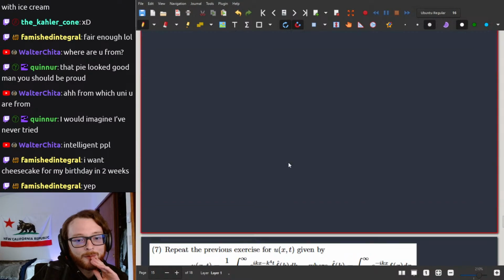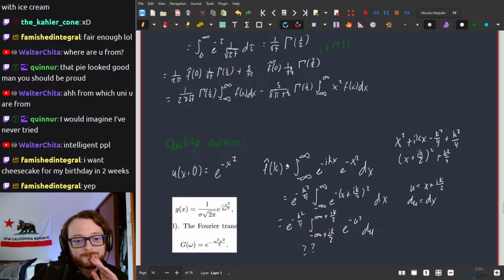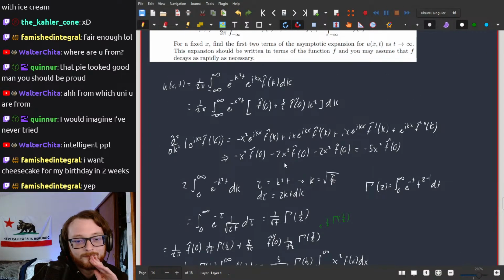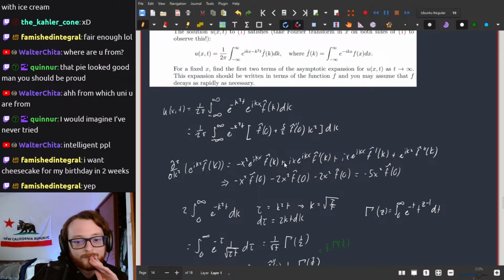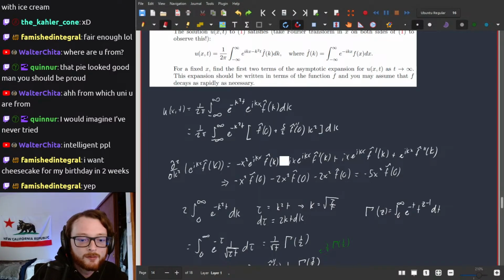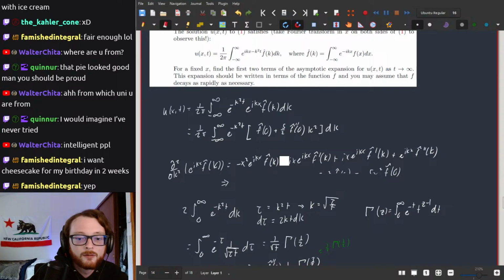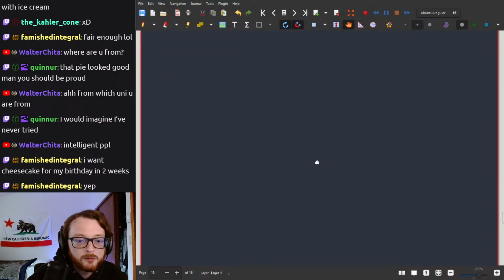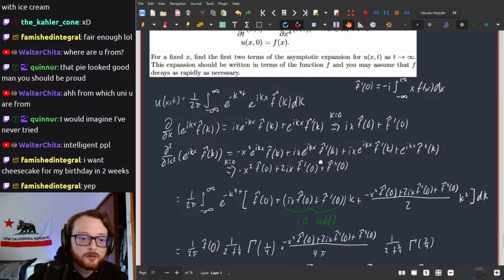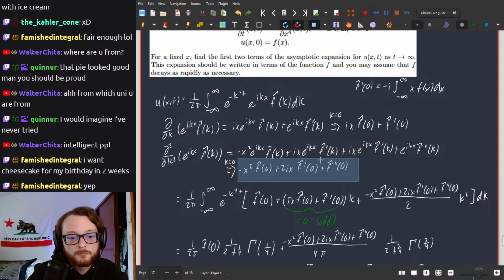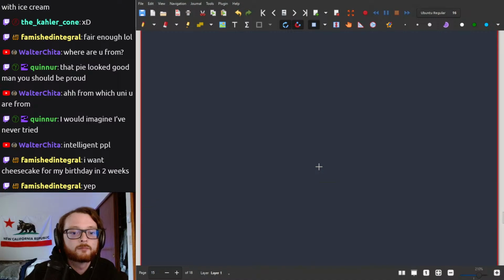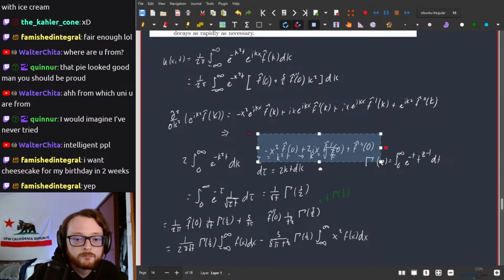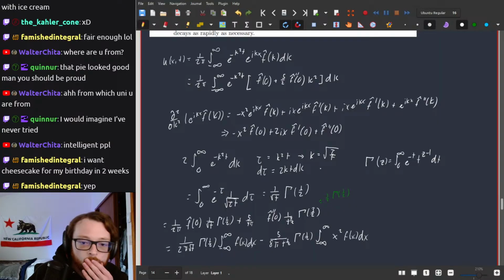All right, let's go fix the last problem. Ugh. It's this step here that is disgustingly wrong. This work should all be the same, though. Yep, okay.